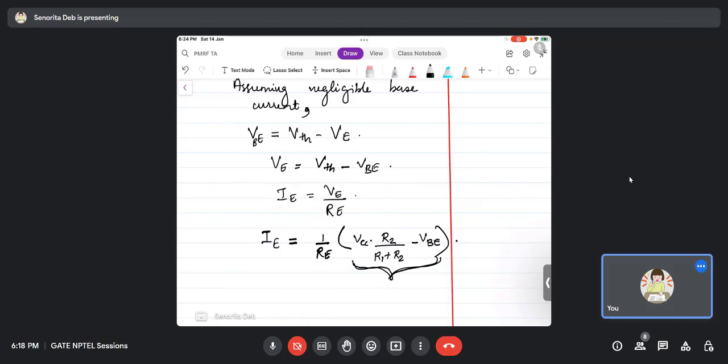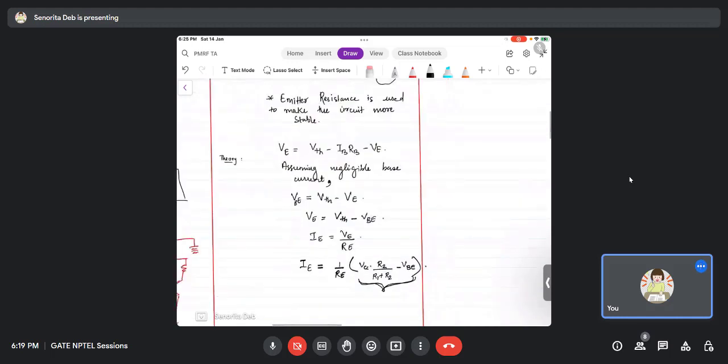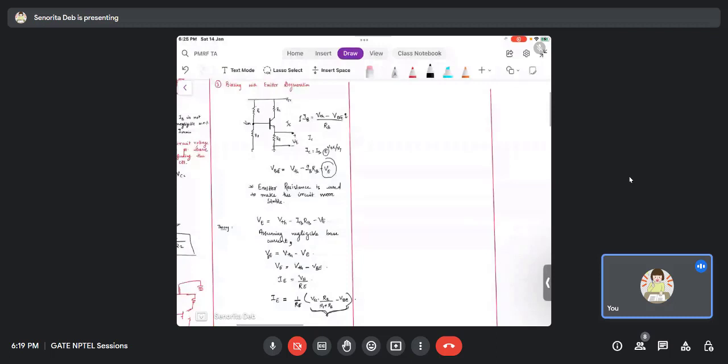To make this point more clear, because I don't know if what I am speaking right now is making sense to you, we will now see an example, and we will see how a variation in resistance value does not affect the VC and VB. Please quickly look into this once, and then we will solve the example.